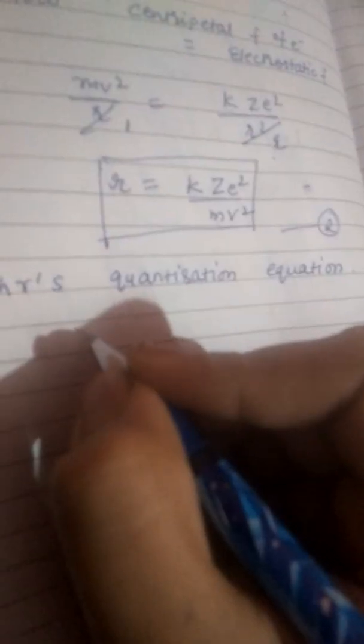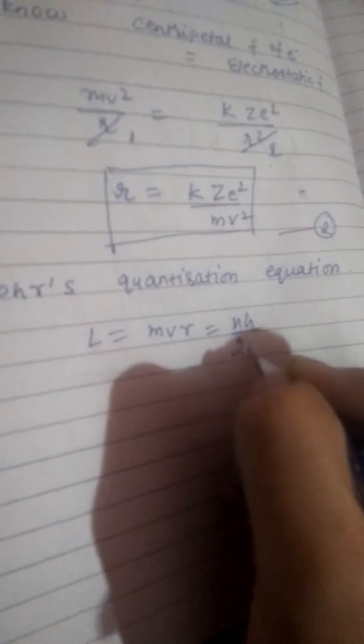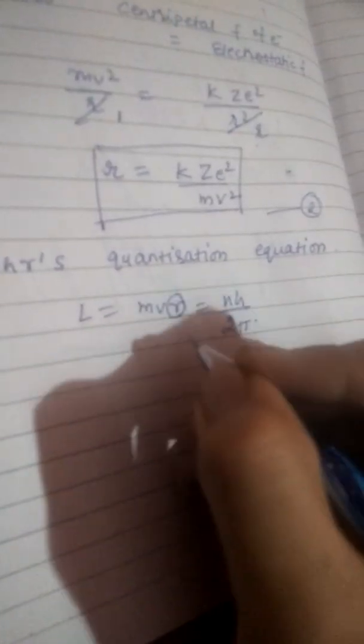Again, we know L is equal to m v r is equal to n h by 2 pi. So from here also we will find the radius accordingly, n h by 2 pi m v. Mark it again, we can mark it 3.